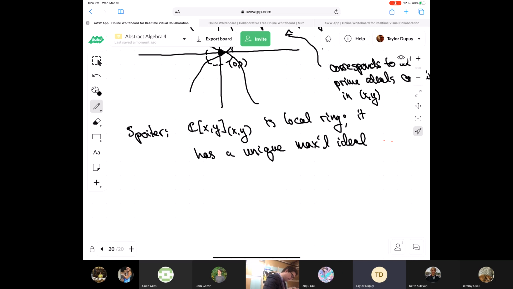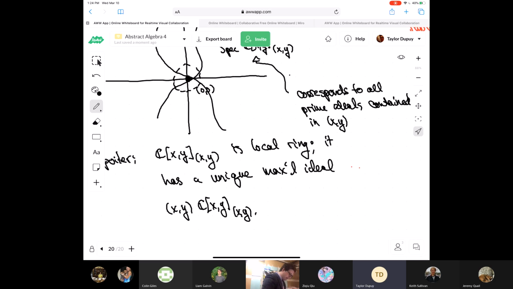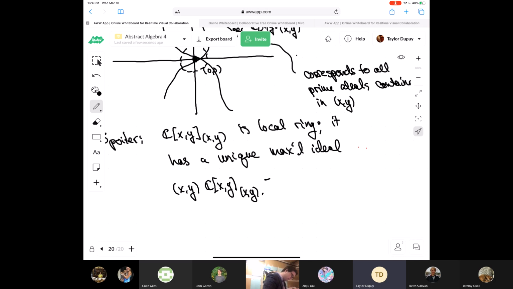And the maximal ideal is, well, we can call it (x, y) in C[x, y], the functions vanishing at (0, 0). And maybe we can call this M.